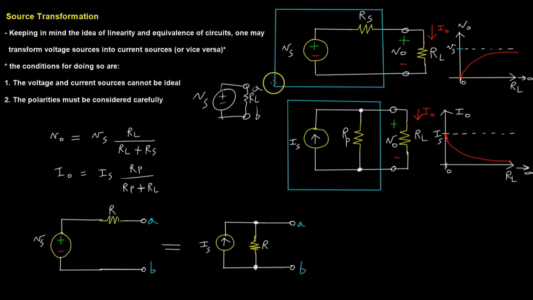So as you increase or decrease RL, if you set RL to 0, of course the output is going to be 0, but besides that, essentially you will always get Vs across RL, and you will get the desired current by Ohm's law.